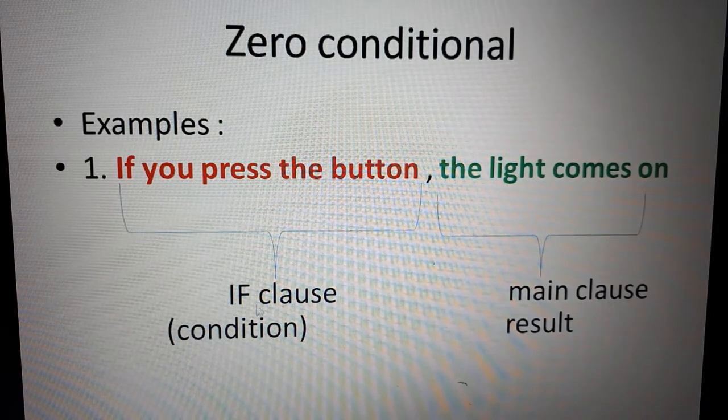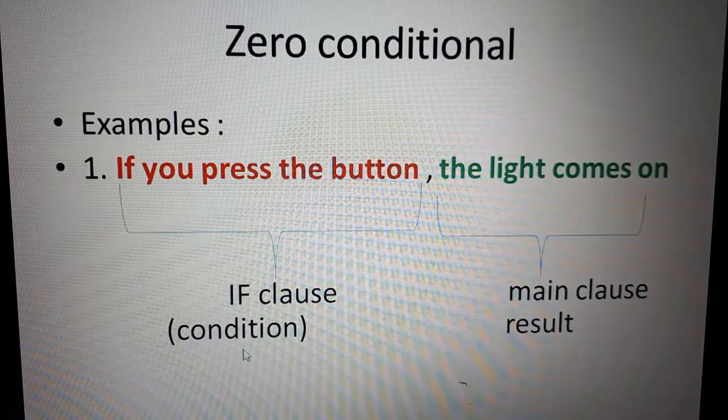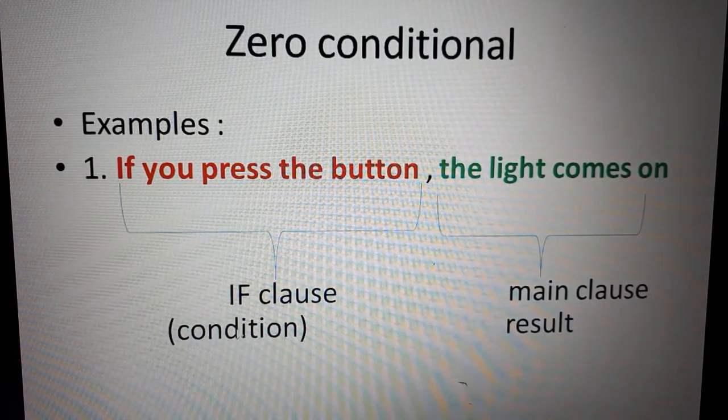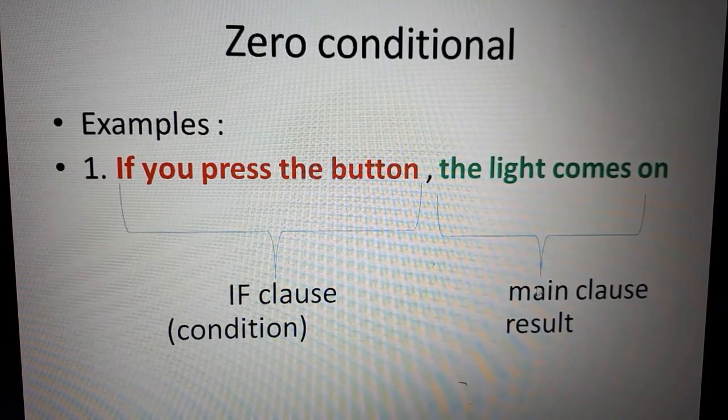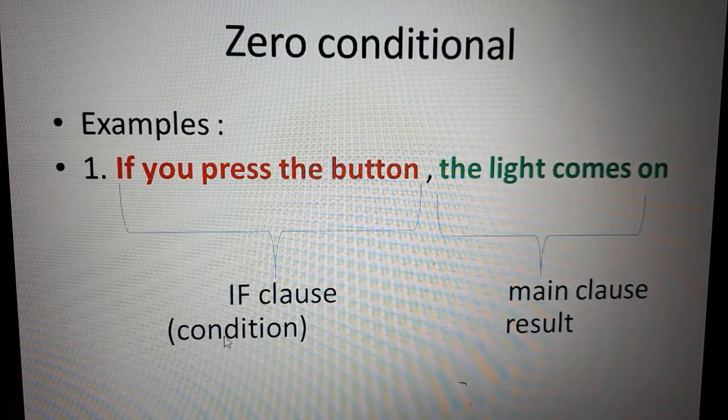Second, we call this part the if clause or condition. Condition بمعنى الشرط. The light comes on, this part we call main clause or result. This is the result for the condition. Okay. Now, this sentence in general we call if conditional.